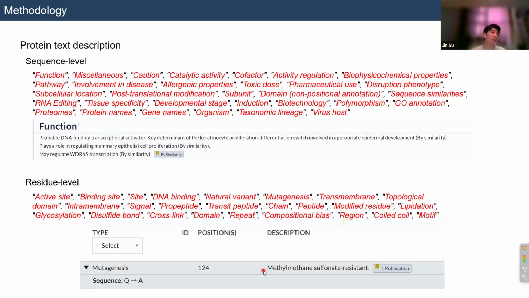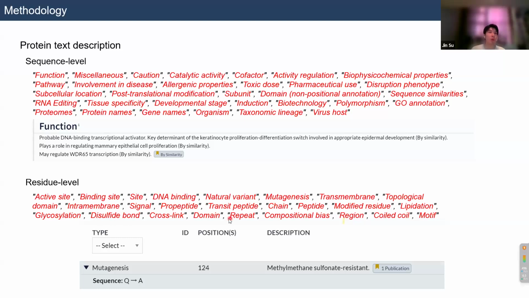However, you cannot input this table to the model because it cannot understand such a format. So this is the residue level. This is why we call them residue level, because it's not about the protein's property, but several amino acids in this protein, and it cannot be directly used in the model. We have to reformalize it into a complete sentence, and then we can feed it into the model for pre-training.